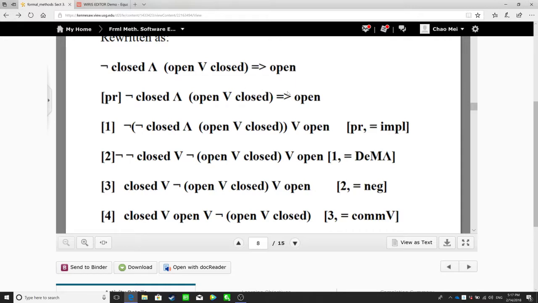At the right side of this implication is the conclusion. For the first step, we change the whole thing to the left of the implication to its negation, or open. Here we explain why we can make this change. It's because we use the rule of implication. Let's see what that rule is.